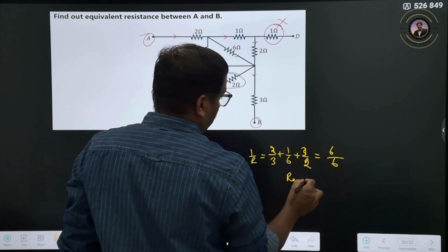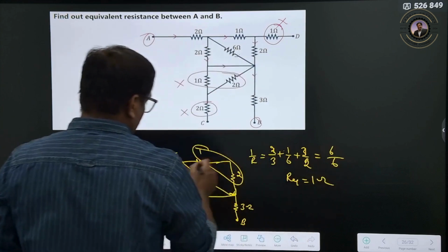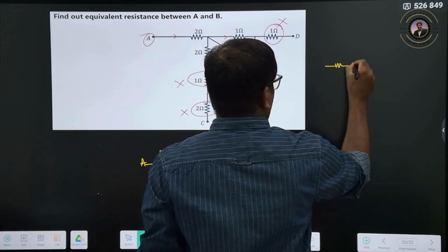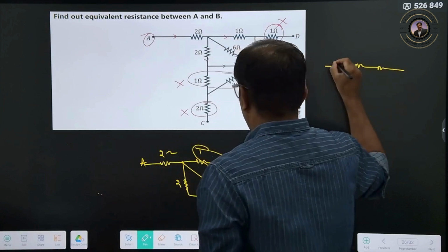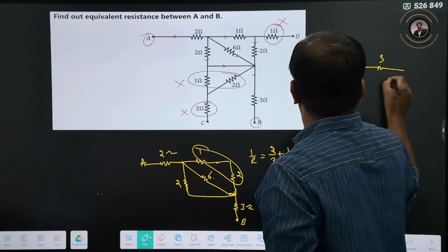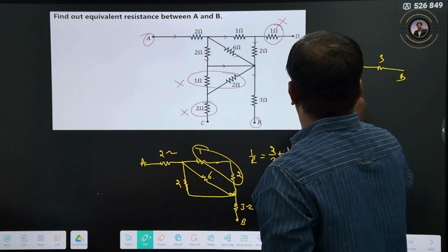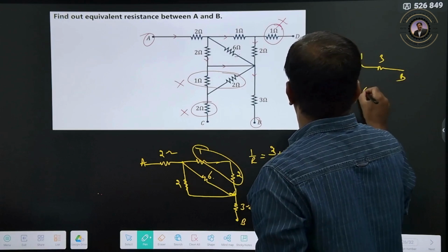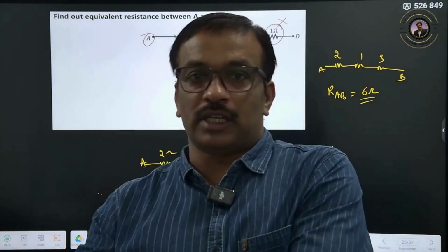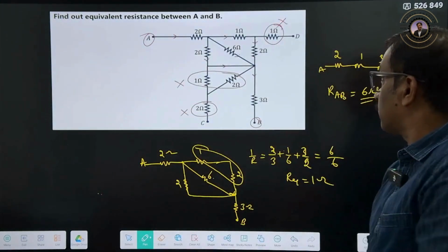So R equivalent is nothing but 1 ohm. Due to this being 1 ohm, I can rewrite this: this is 2, this is 1, this is 3, A, B. So R_AB can be written as 6 ohms, it will be your answer. Clear? So 6 ohms, right?